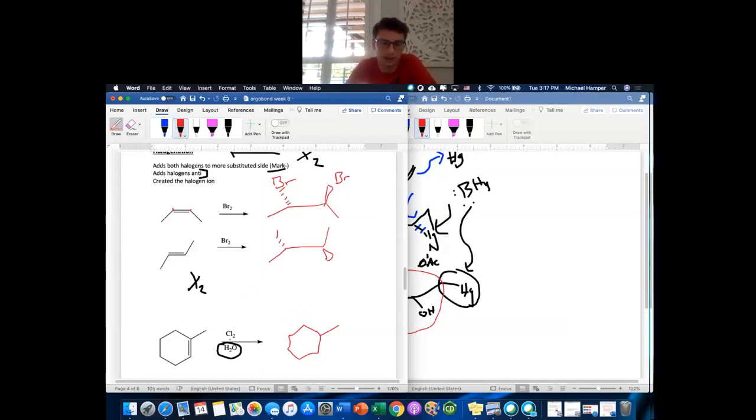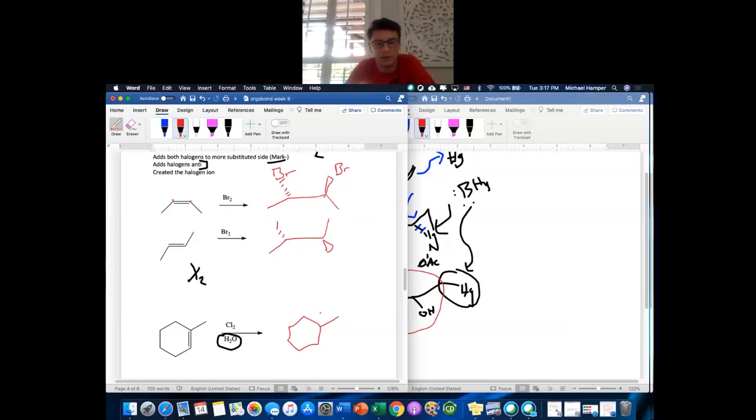So if you have a diatomic halogen and you have water, you're going to be adding the OH to the more substituted side, and your halogen to the other. That will be a product. And again, just to visualize the anti-addition, one can be wedged and the other can be dashed. Does that make sense?